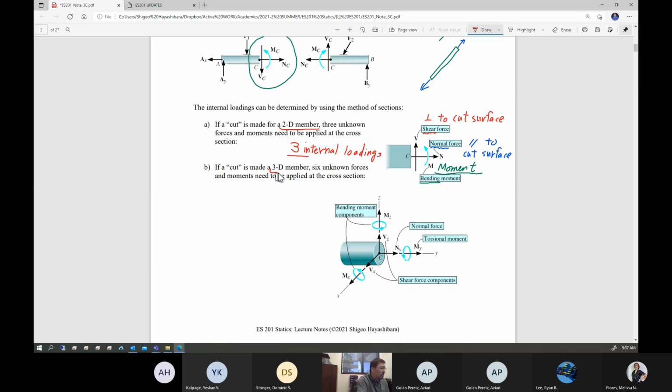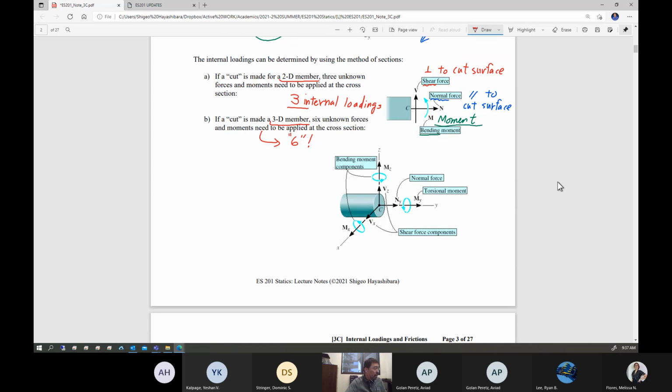Now, if you're talking about a 3D member, now this becomes 6. So obviously you have a force in 3 directions. Force in y direction is called normal force. Force in y direction is the force which is essentially, wait a minute, I'm saying completely the wrong thing, aren't I?